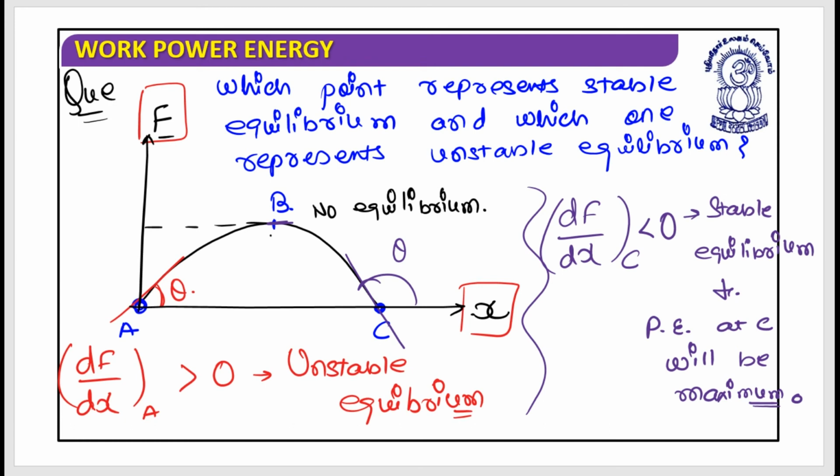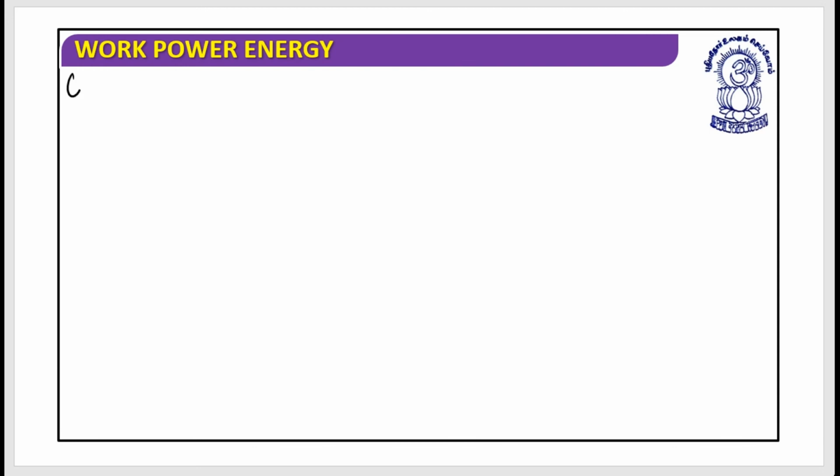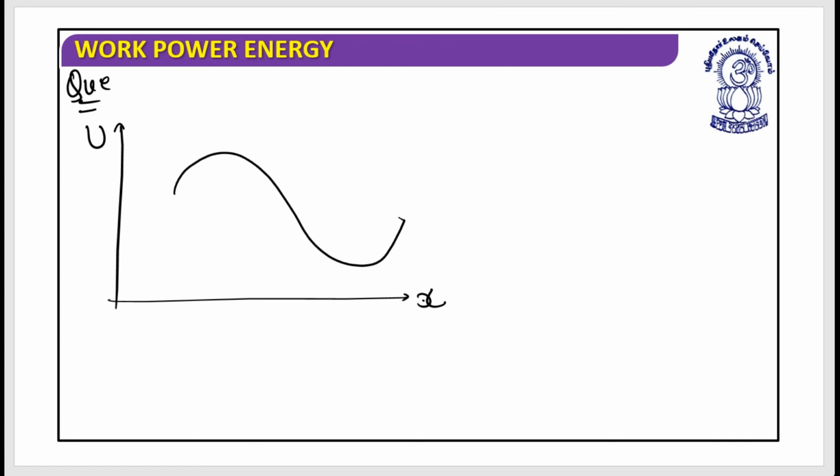Now let's understand the case where the question has been asked with the graph of u versus x, and that graph is something like this.